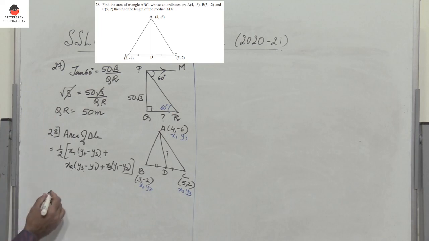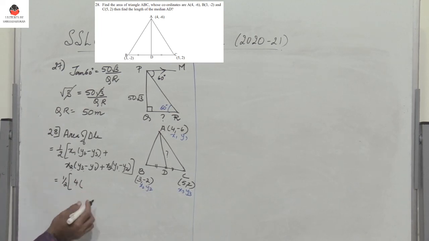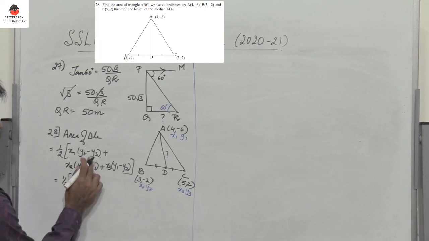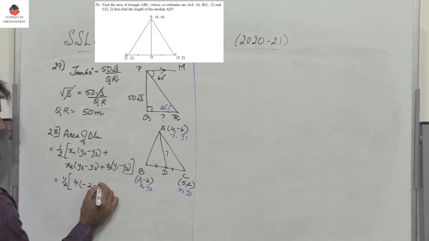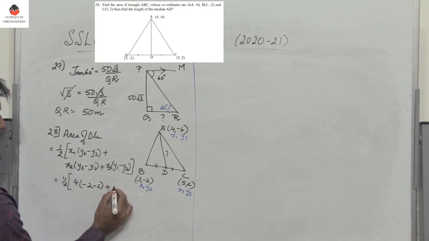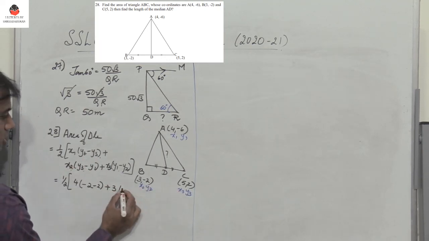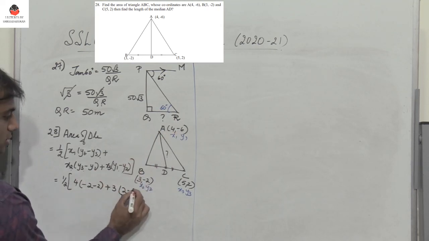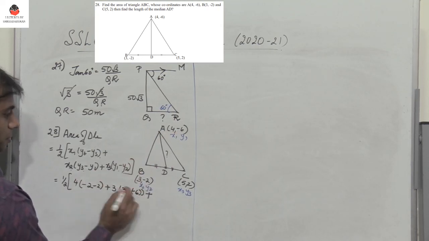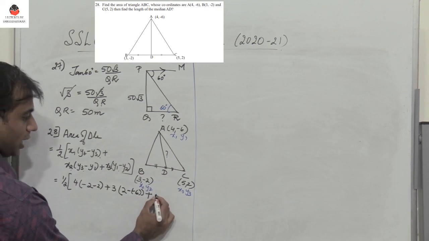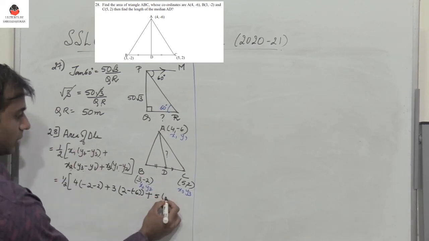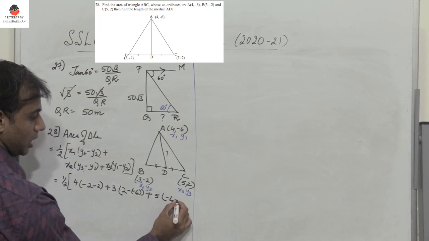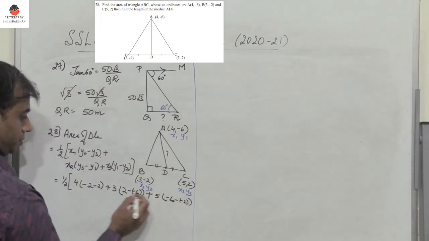So now we have half into x1 is 4, y2 is minus 2, y3 is minus 2, plus x2 is 3 into y3 is 2, y1 is minus 6. So minus of minus 6 plus x3 is 5, y1 is minus 6 and you have minus of minus 2.